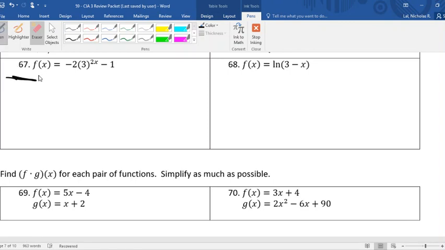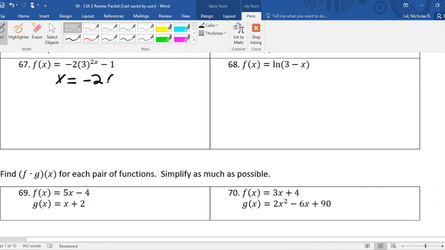Sorry, the computer's being a little slow here. X is equal to negative 2 times 3 to the 2y minus 1.